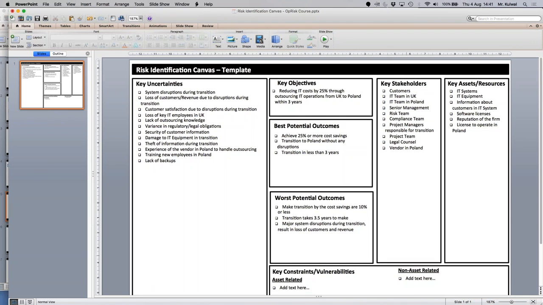If you get more stakeholders than what we have here, then maybe you are thinking too much in detail, so you want to keep the stakeholders to the space you have here. You only think about prioritizing the most important stakeholder and the most important asset, and that will keep your focus.